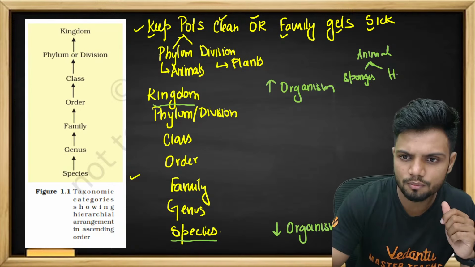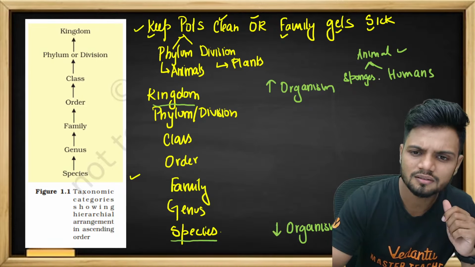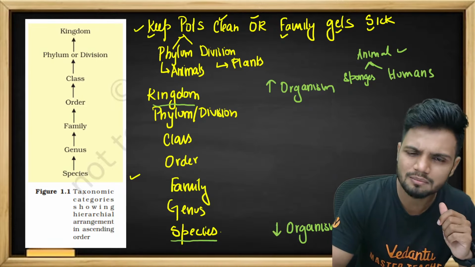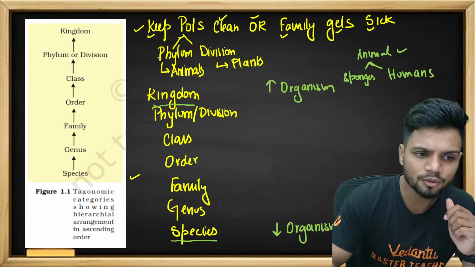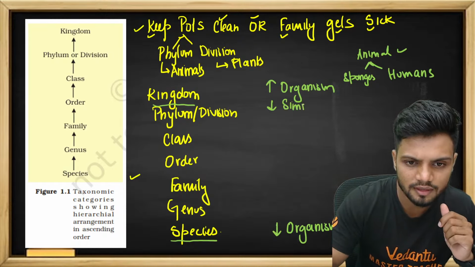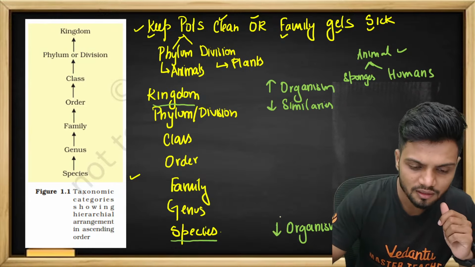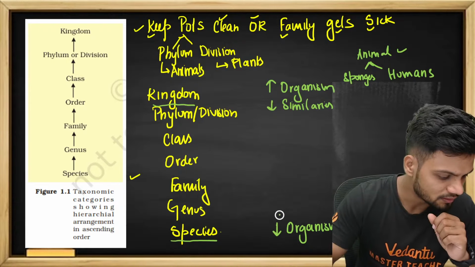We also have humans. Both are under kingdom Animalia. Do they have more similarities? Sponges and humans, do they have any similarities? No. When we compare at kingdom level, there are very few similarities. Very few similarities. When we come to species level, can I say there are more similarities?